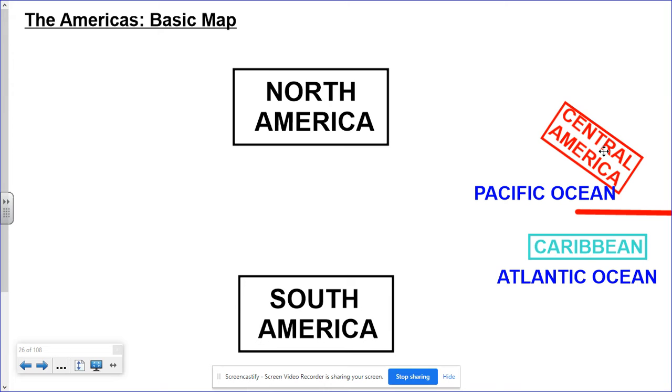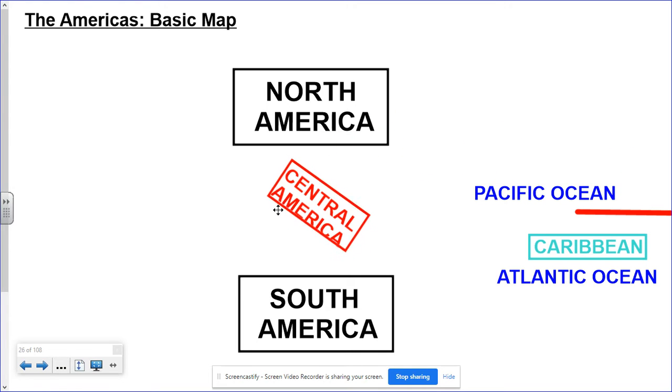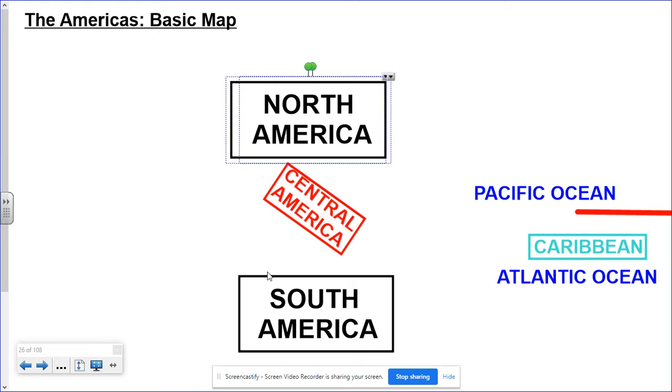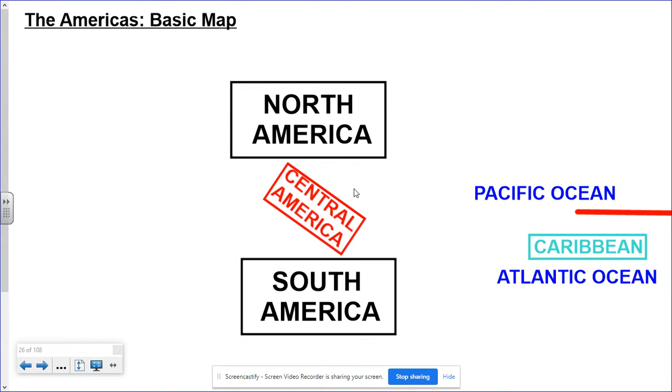Now, this is the interesting one, what people consider to be Central America. Central America, for a lot of people, includes Mexico. Sometimes it doesn't. I'm going to drag them a little closer so you can see them in relationship to each other. It's also sideways, because when we talk about North and South America, North America is a big chunk up here, including Canada, the United States, and for a lot of people, Mexico.